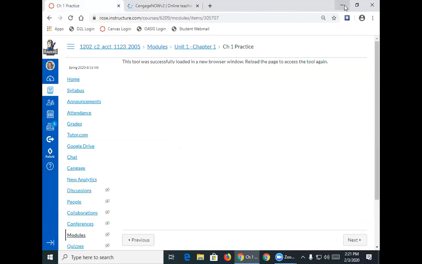Know the basic accounting equation. That's a big one. So what is my basic accounting equation? Very good. Assets equal liabilities plus stockholders' equity. So that's going to be a big part of test 1, knowing that and understanding it.